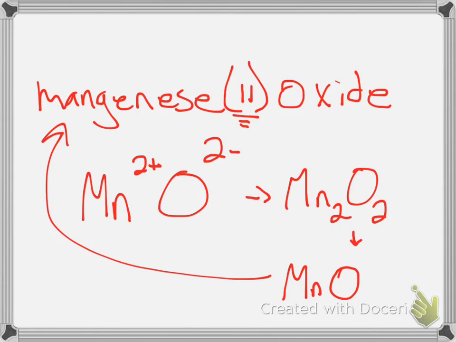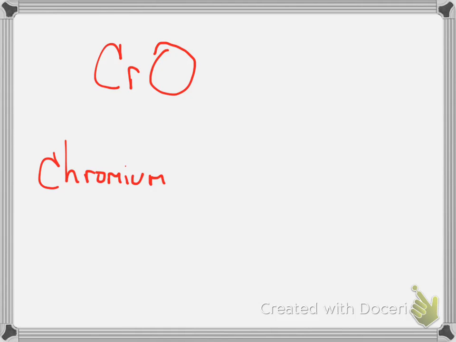Let me show you one really tricky one. Actually, I want to go the other way. Let's say we have CrO. Let's name this first. Cr, that's chromium. And O, that's oxygen, so oxide.